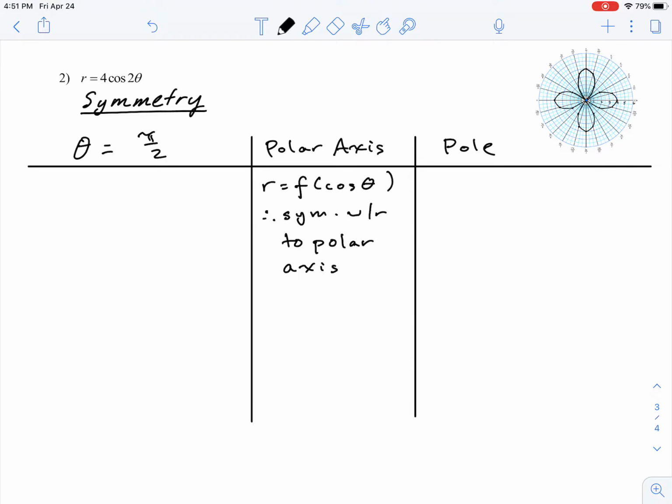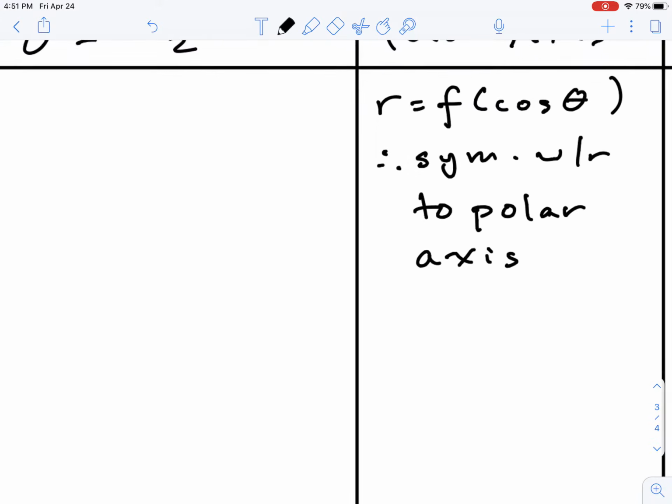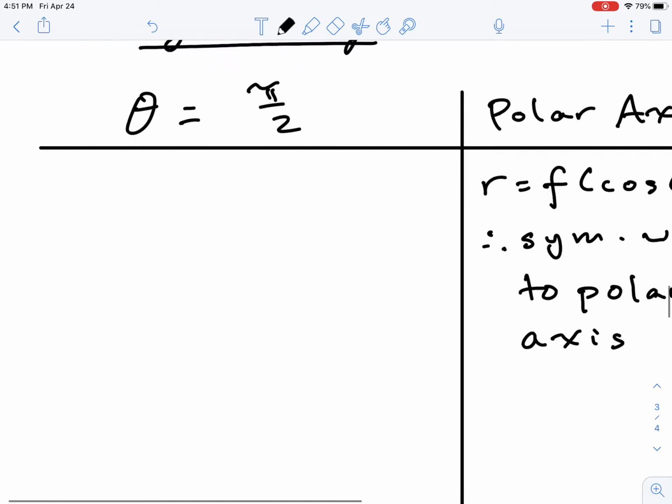That's really just due to the nature of graphing with cosine. Anytime you graph with cosine, you are going to get points that are symmetric with respect to the polar axis. You're going to have positive and negative values for r in the same exact spots for our angles theta. So since we know that this is true, we can jump right away to checking for pi over 2 and seeing whether or not it's symmetric with respect to the pole. Let's start with pi over 2.